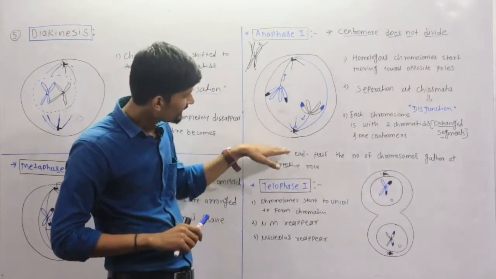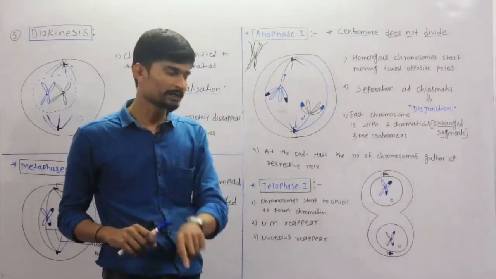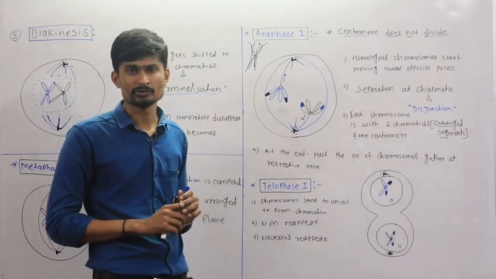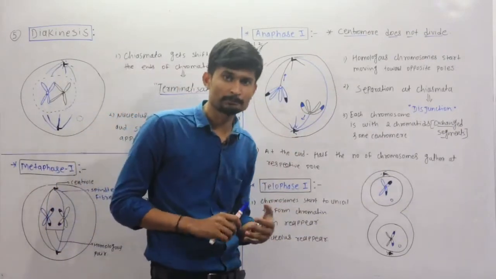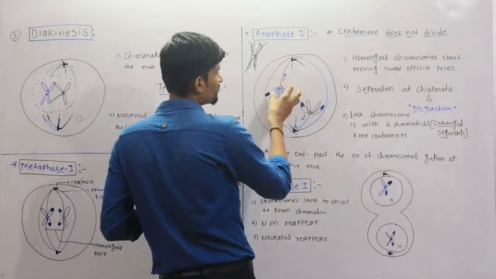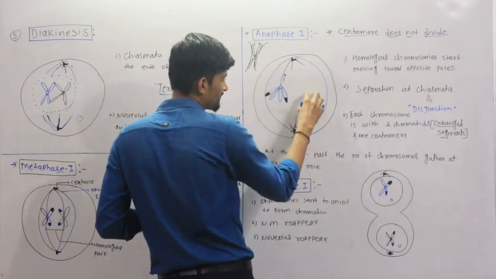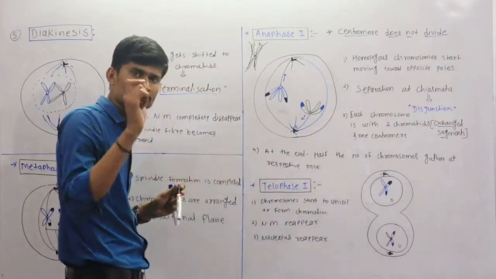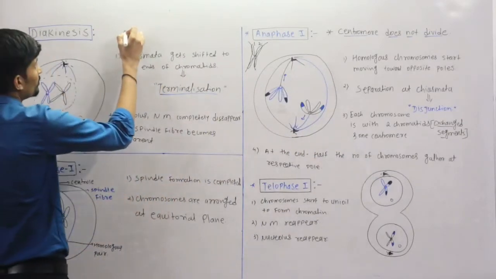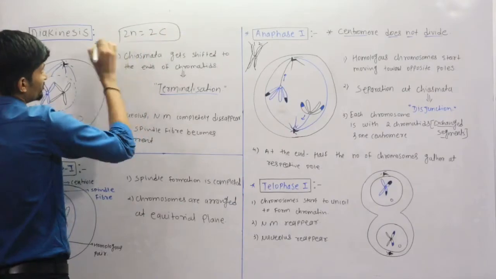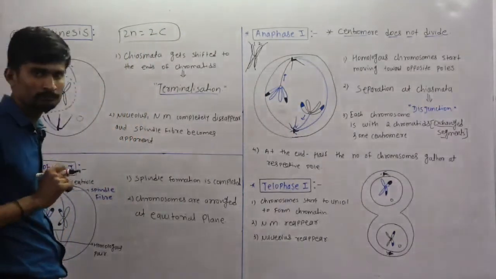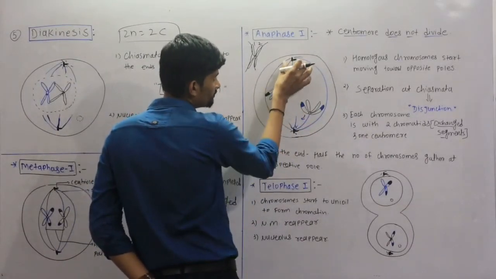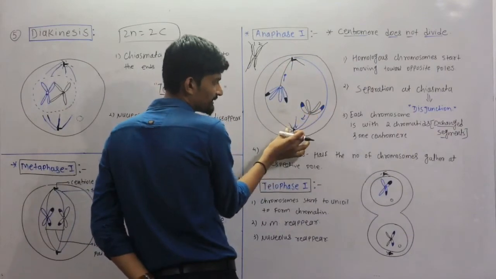Now the fourth one: at the end of anaphase first, half the number of chromosomes gather at the respective poles. When anaphase 1 is completed, what happens? This chromosome will reach this pole and this chromosome will reach this pole. We considered the 2n equals 2c condition, meaning the diploid condition has 2 chromosomes. But in anaphase 1 you see that this chromosome reaches this place and this black one reaches this pole.